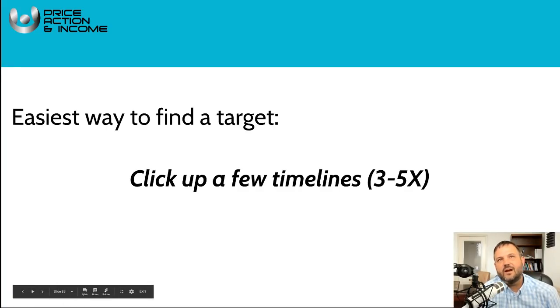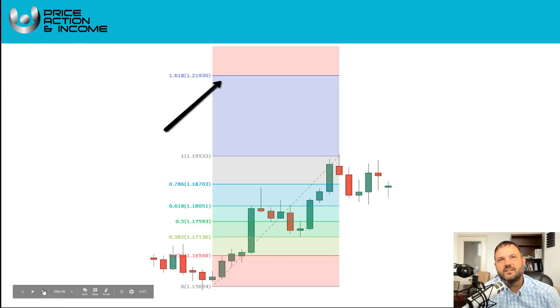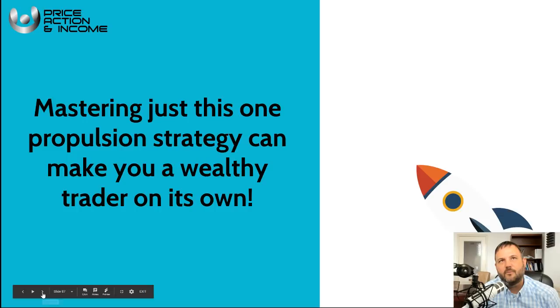So the easiest way you can find a target without getting too involved in the strategy is to click a few time frames up, 3 to 5 time frames, and then you can use the Fibonacci extension as well. 161.8 is a great Fibonacci extension target that I like to use once you get a breakout.